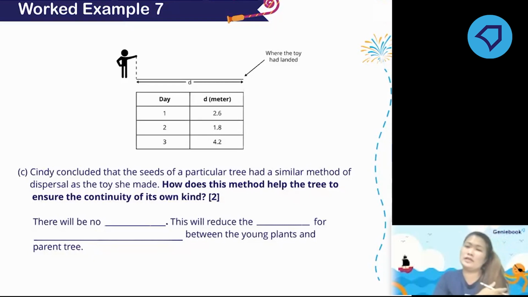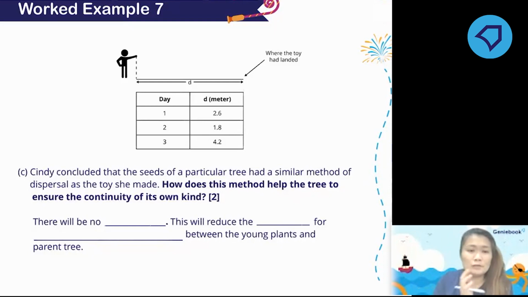What she did earlier was the wind dispersal. Now she concluded this particular tree's seeds have a similar dispersal method. How does this method help the tree to ensure continuity of their own kind? We don't use overgrowth here. All right, Zachary, yes, you're correct.